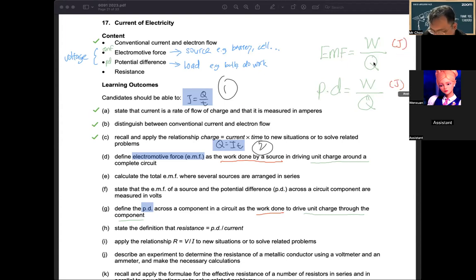Okay, and what's the unit for charge? Just to revise, what's the unit for charge?